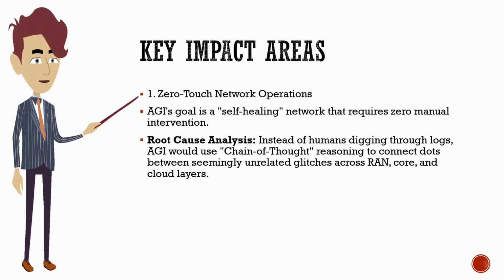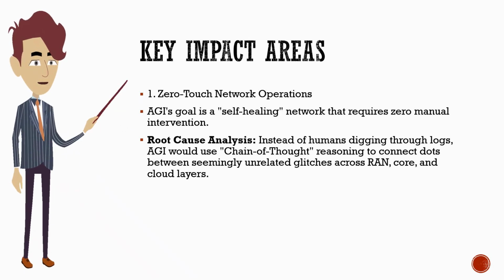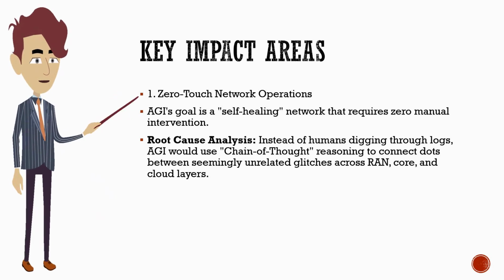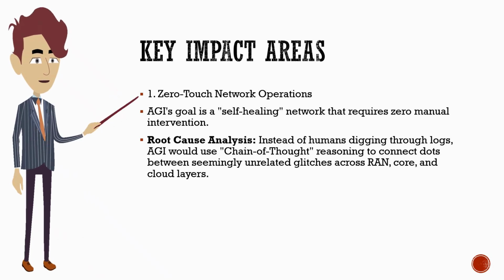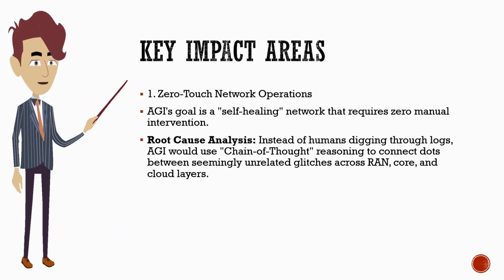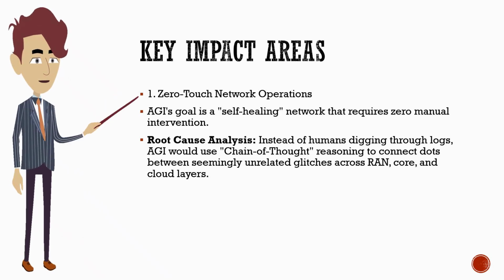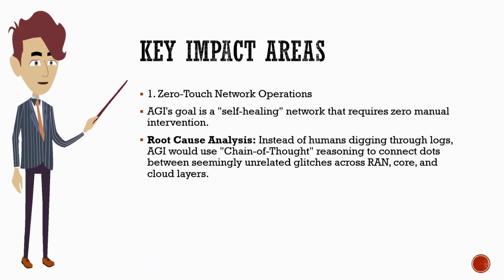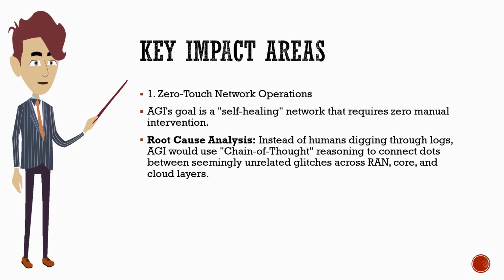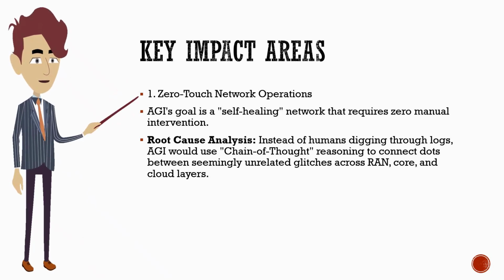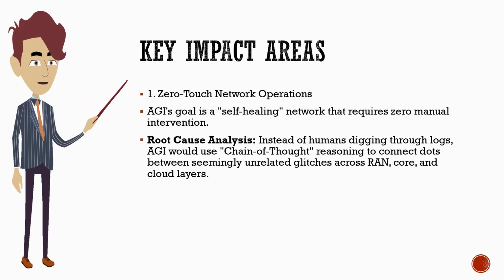If there is any issue seen, any bandwidth crunch and so on, that is currently also being achieved. There is a concept known as root cause analysis, where instead of humans digging through logs and everything, the AGI could use chain of thought and reasoning to connect the dots between seemingly unrelated glitches across the radio access network, core and cloud layers. For example, let's consider there is an issue in a physical cable and that cable is sending data over wireless in some other area of the world.